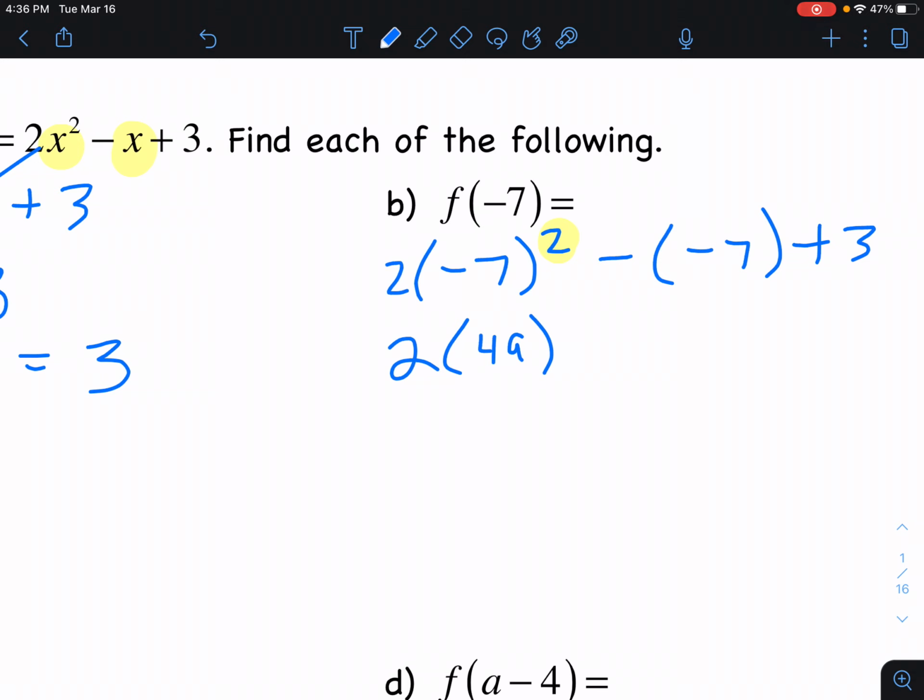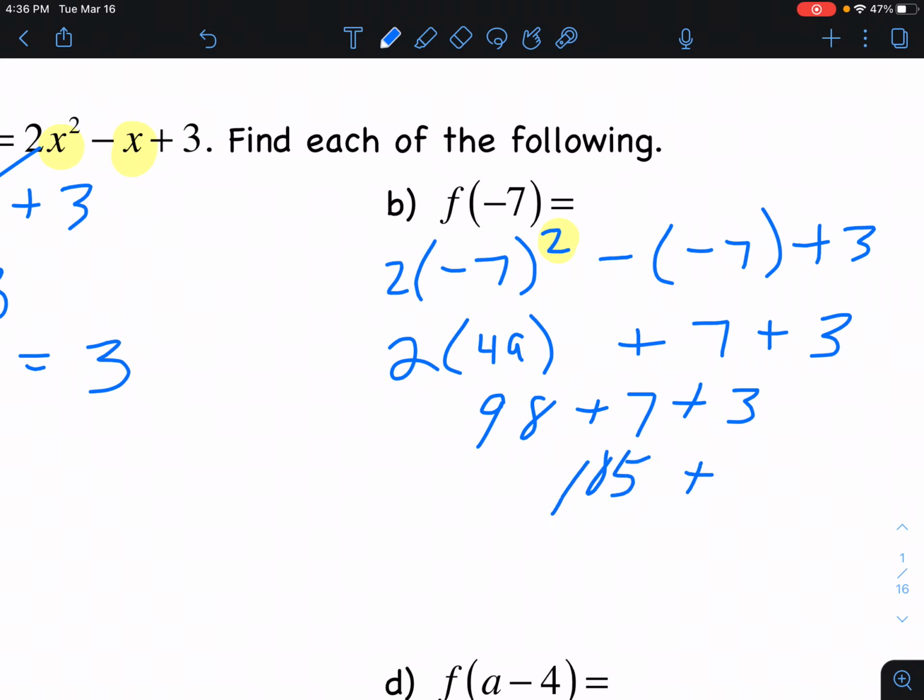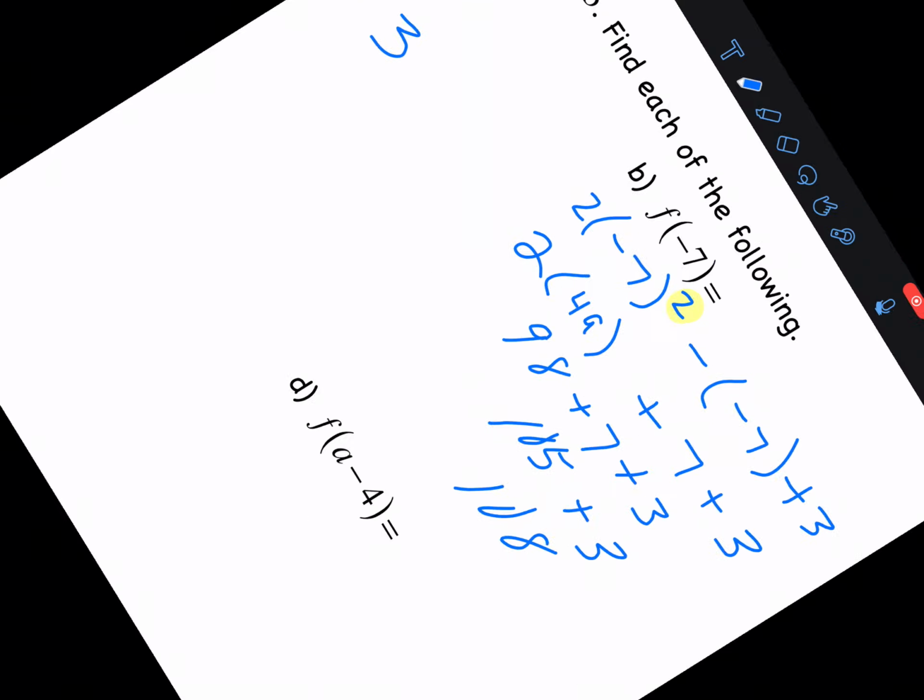Also, those double negatives, let's change it to a plus 7. Save some writing there. And then 2 times 49 is 98. 98 plus 7 is 105. And then add them to get 108. So when the input is negative 7, the output is 108.